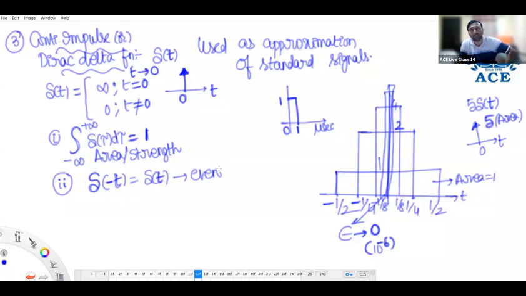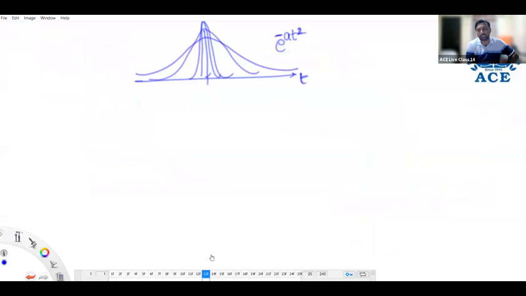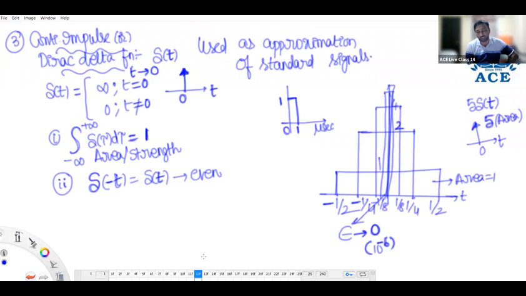Impulse is an even function of time. It's not a big deal. Rectangle is an even function, Gaussian is also even. So we have approximated them to produce impulse. Automatically impulse is also an even function.